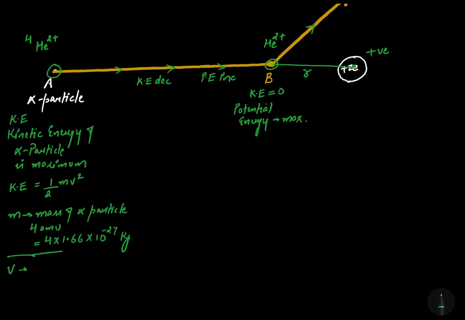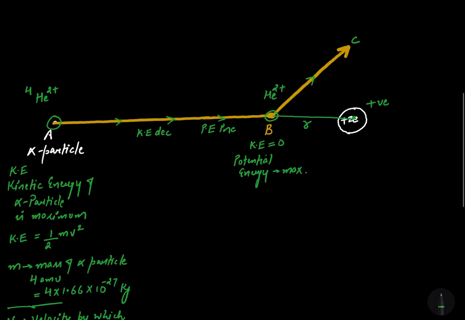V is the velocity by which alpha particle is accelerated towards nucleus. So that was about the point A.